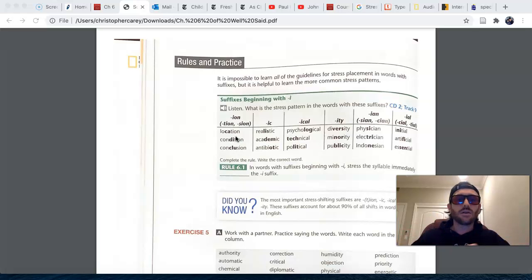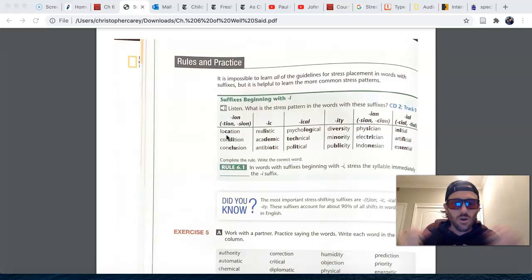And why do we do that? So that the vowel in the stressed syllable can sound more clear. And that's how you improve your ability to be understood, especially when you're trudging your way through some of these multi-syllable words.